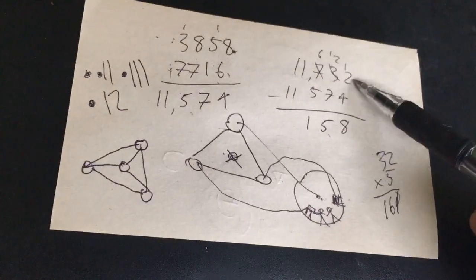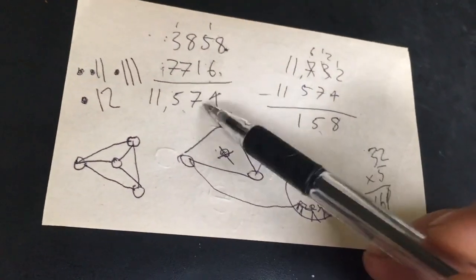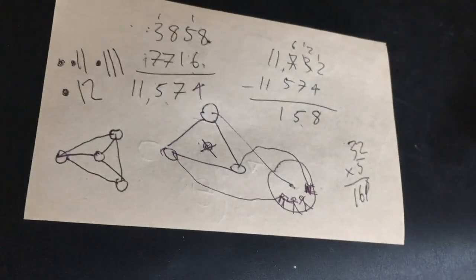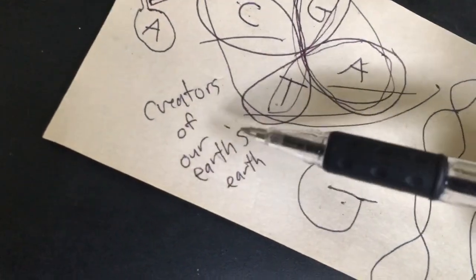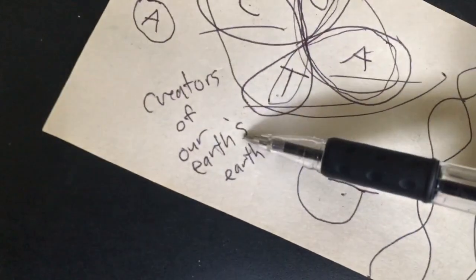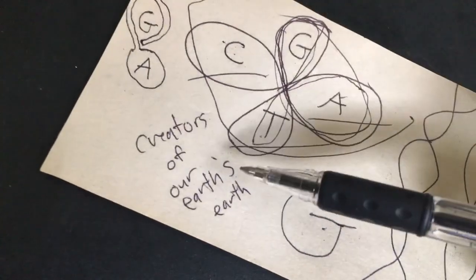This number is not nonsense. I derived it very many ways. These numbers are not nonsense. Seeing that the Earth is part of a bigger whole, it's ours. Right here: creators of our Earth. Ours, O-U-R-S. Ours means myself and a witness.